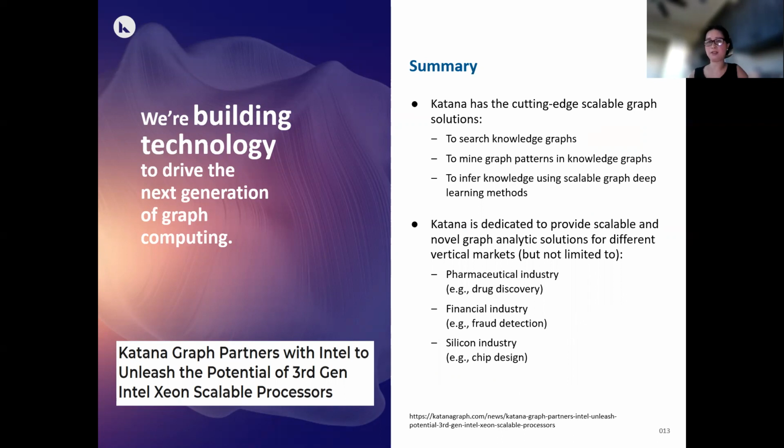We are partnered with a pharmaceutical company to do drug discovery, with financial partners on fraud detection, and also with companies in the silicon industry to do chip design. Recently in April, Katana Graph partnered with Intel to develop the third generation of Intel scalable processors.